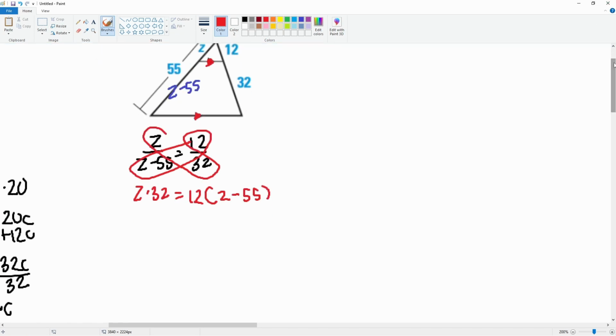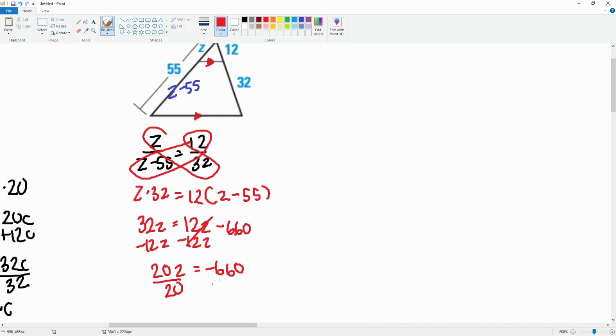All right, z times 32 is 32z, equal to 12z minus 12 times 55, which is 660. Let's see, minus 12z to both sides.